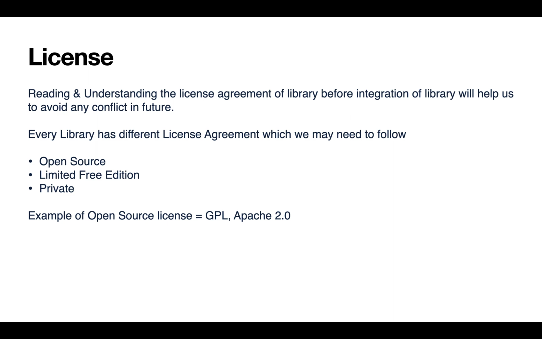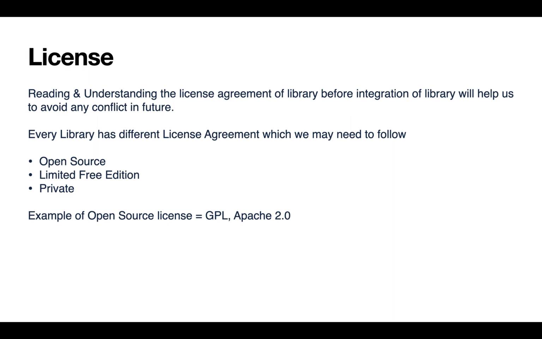Some examples of open source libraries have license agreements such as GPL and Apache 2.0, and there are several other licenses for open source.